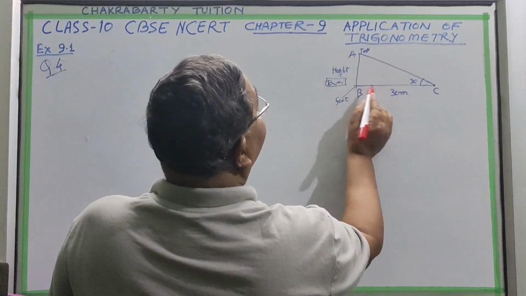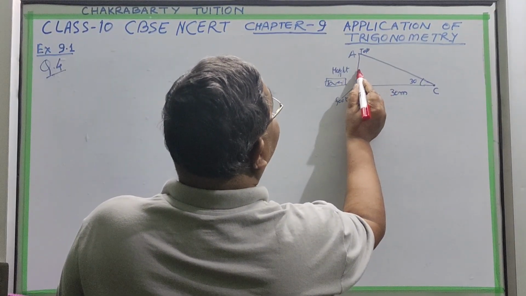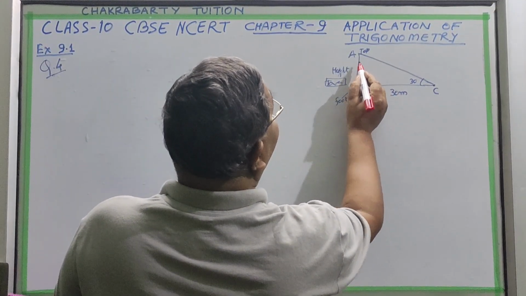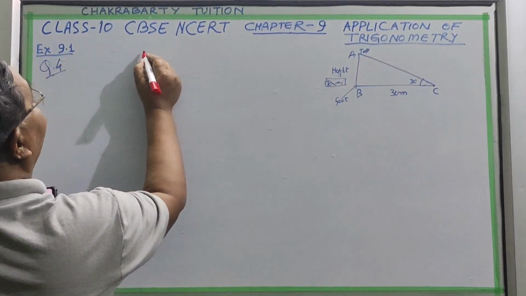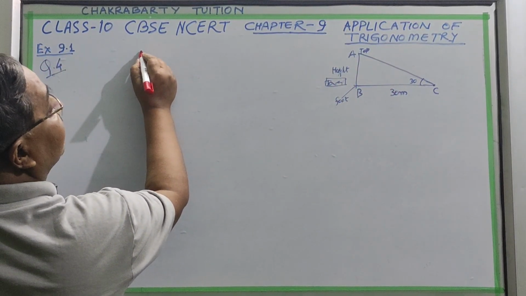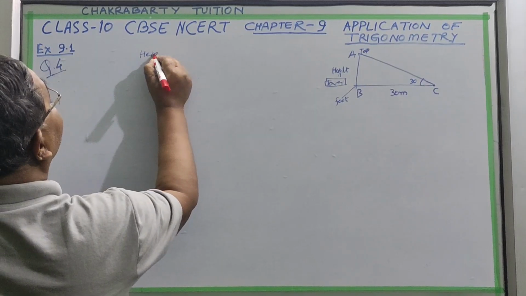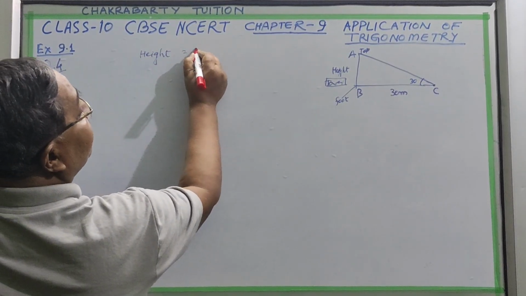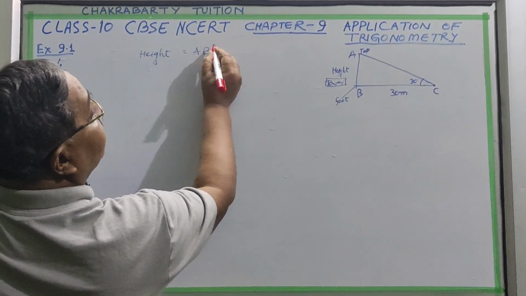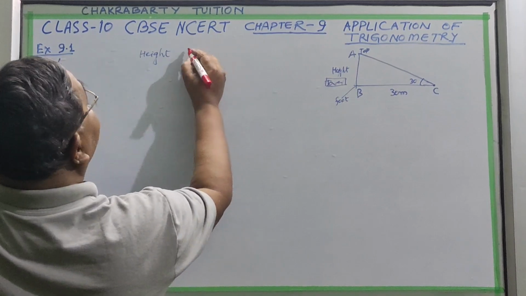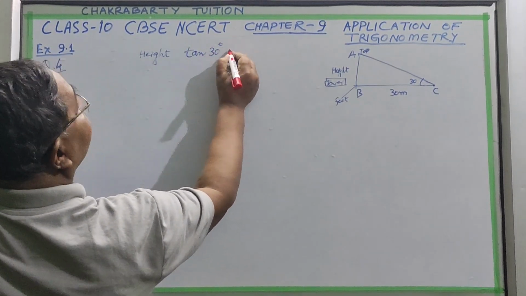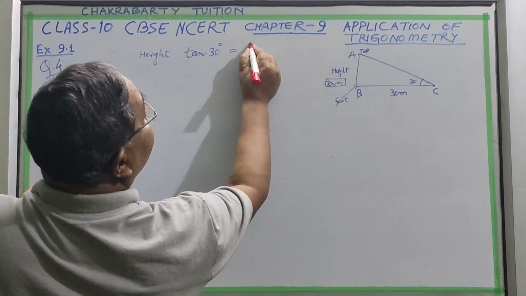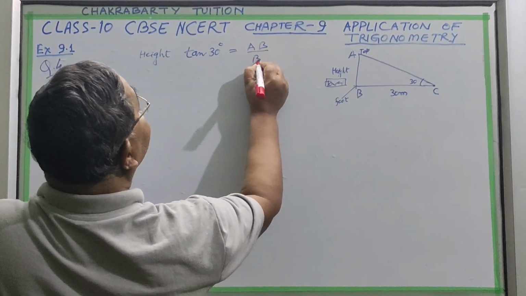Here we can find tan, so AB will be the answer. The height is AB, tan 30 degree, and tan 30 is equal to AB upon BC.